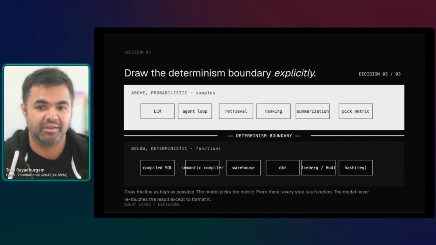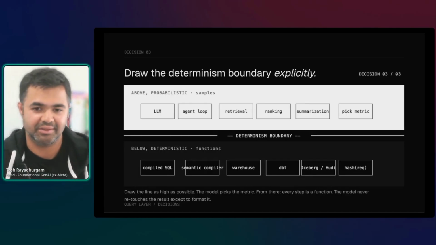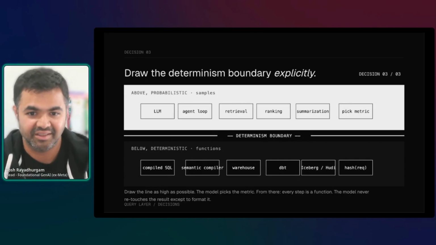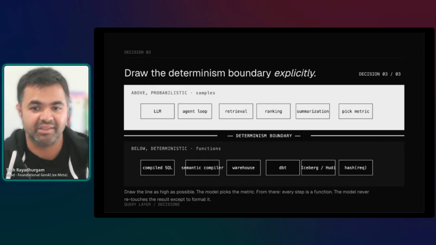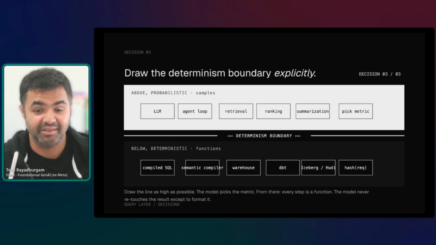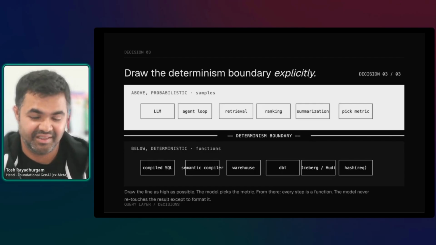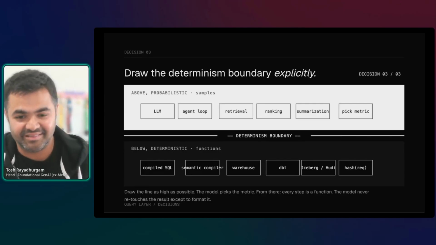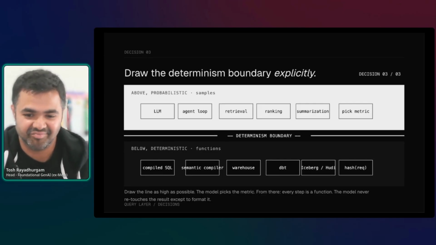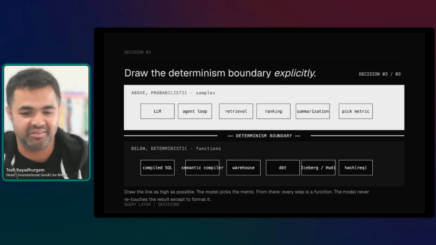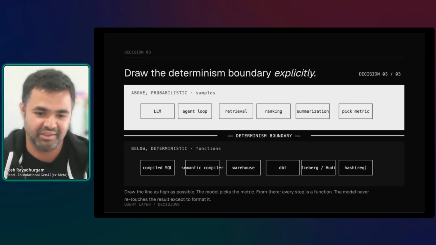I've seen that the probabilistic system picks the metrics, then you emit a structured request, and the model never retouches the result except to format it, right? Now each bleed here is a sampling decision, and by the time a user sees the answer, the number has been touched by the model many times.